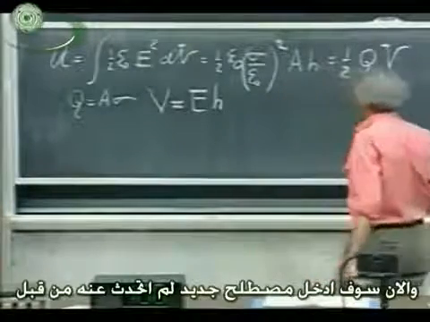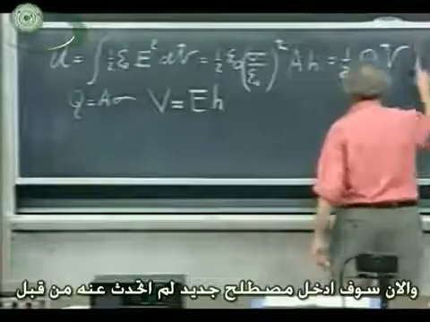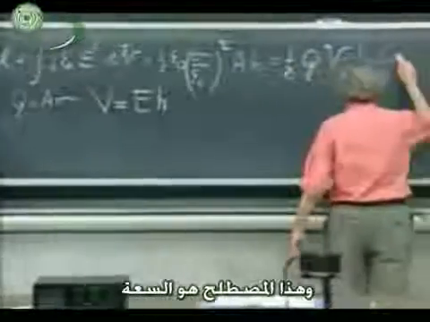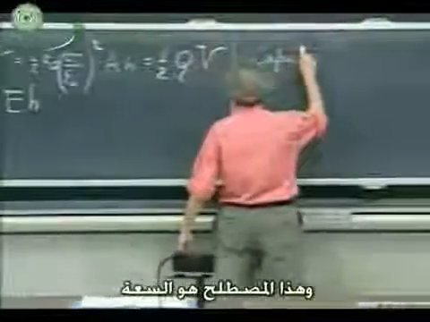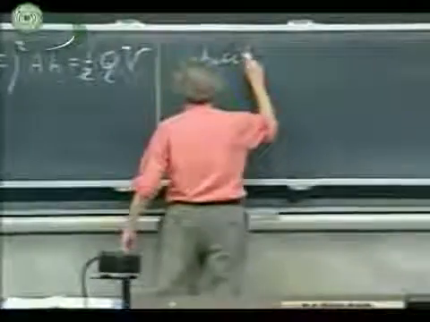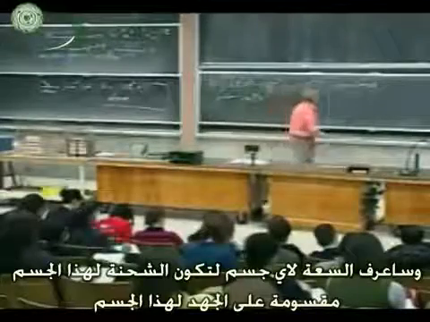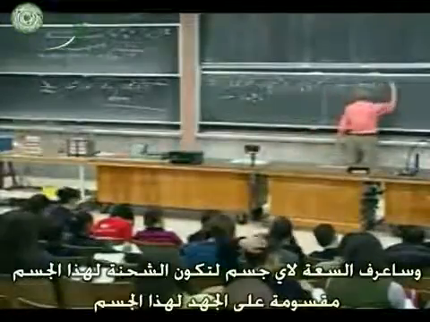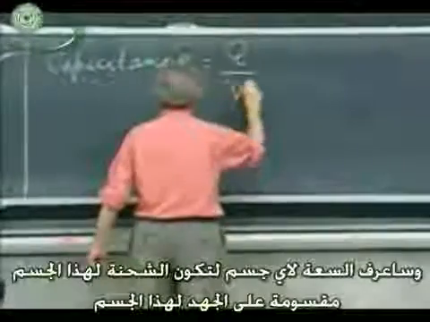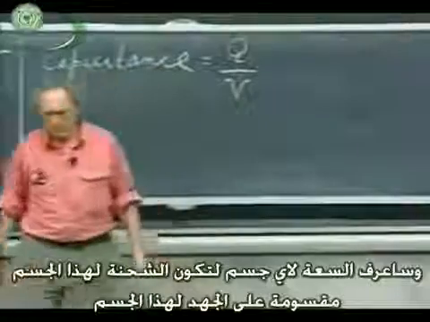I now will introduce something that we haven't had before, and that is the word capacitance. I will define the capacitance of an object to be the charge of that object divided by the potential of that object.